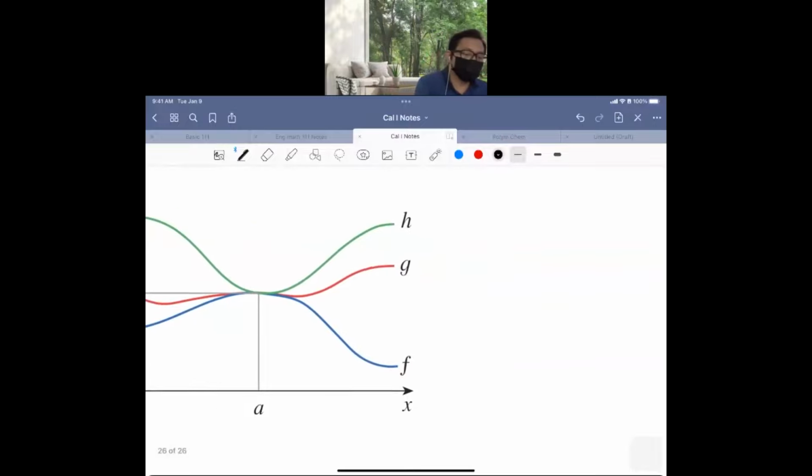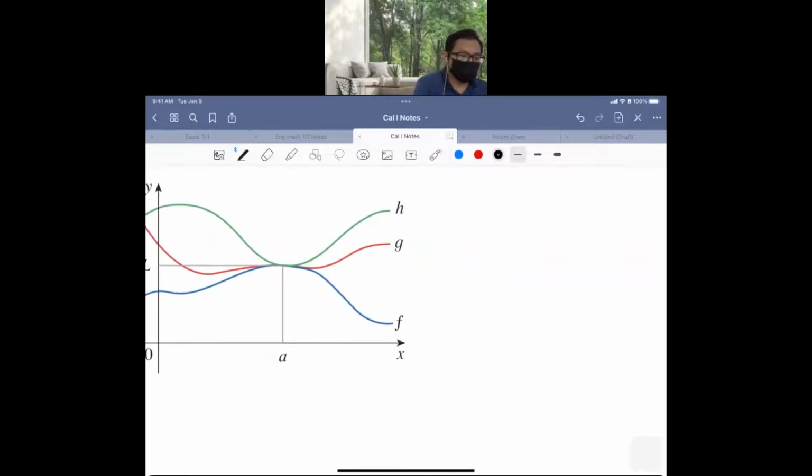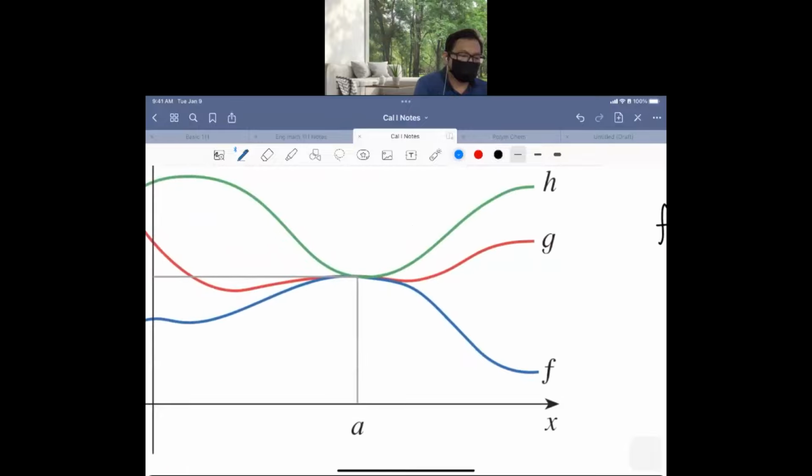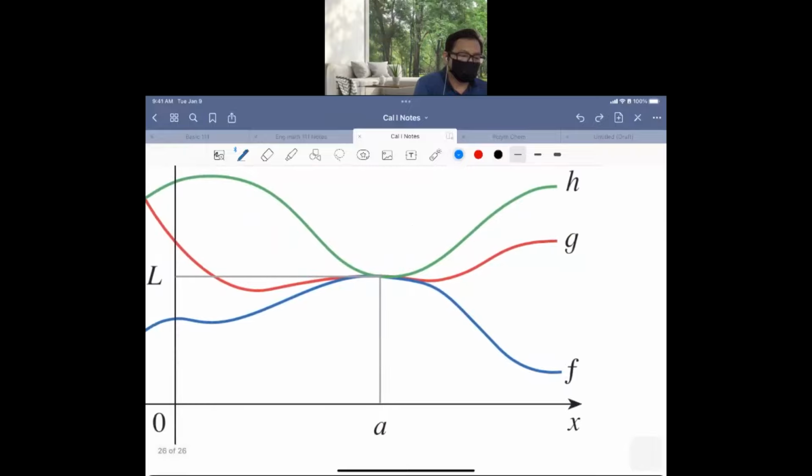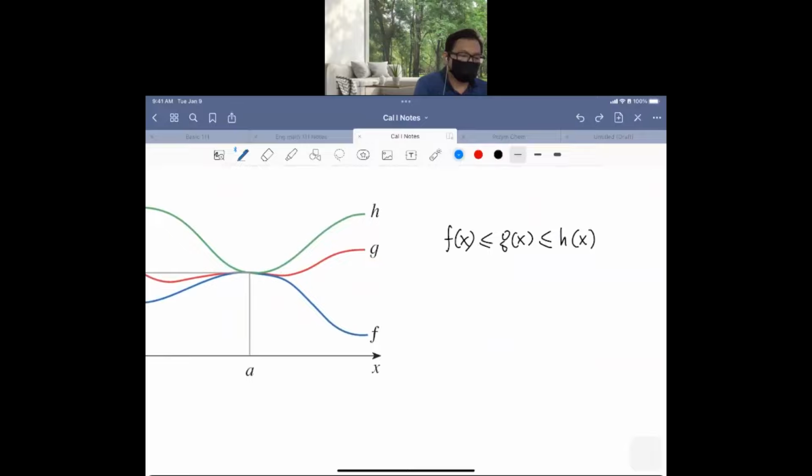From that point, we see that f(x) is less than or equal to g is less than or equal to h, because they are equal at x equal a. Here they have the same value, but in general we get this inequality: f less than or equal to g less than or equal to h.